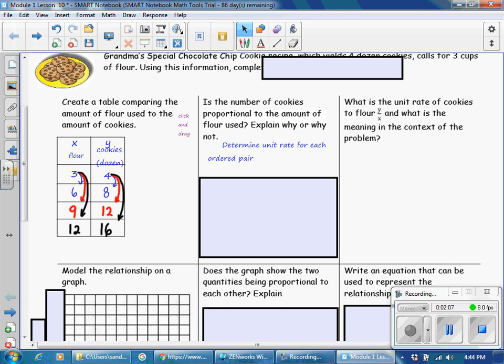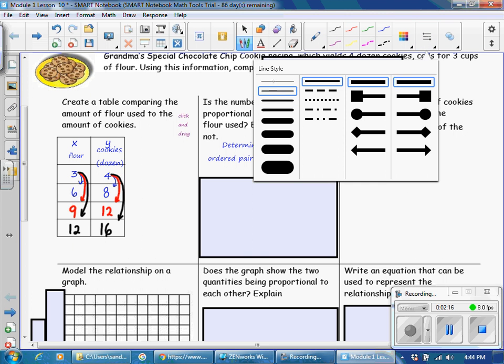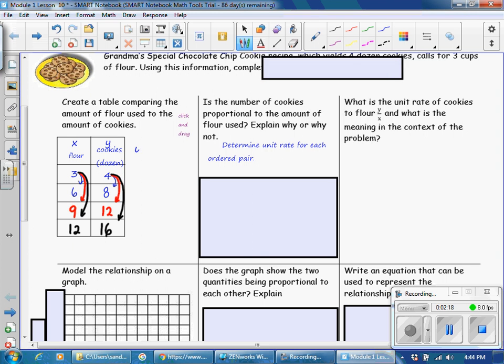So what we want to do is determine the unit rate for each ordered pair to tell if they're proportional or not. To determine the unit rate, remember to divide y by x. Y divided by x. So we do that with our first pair, 4 divided by 3, and that gives us 1.3 repeating.